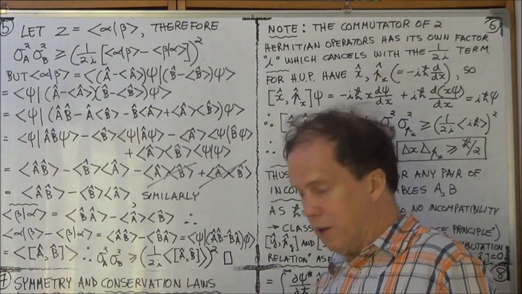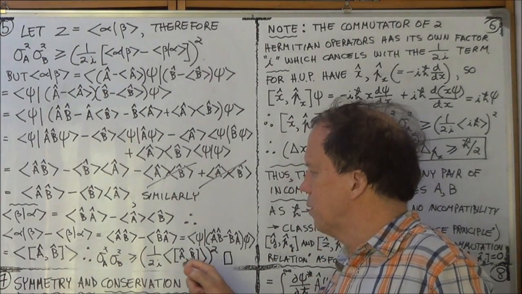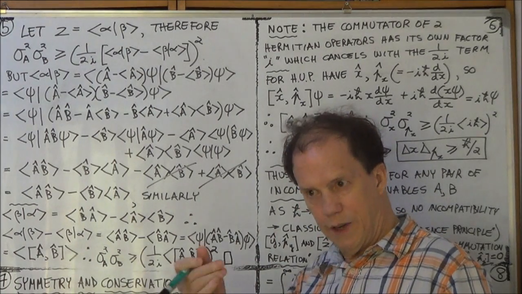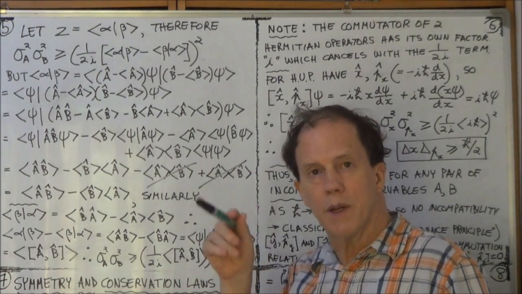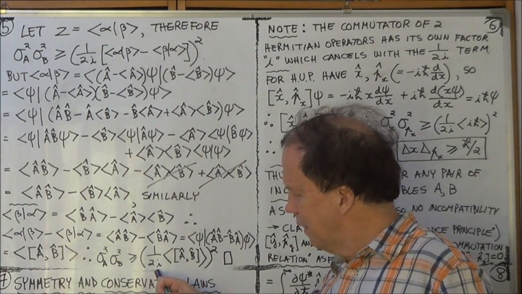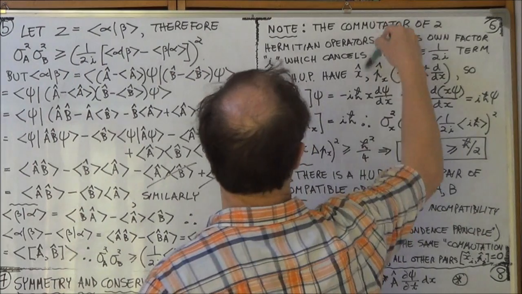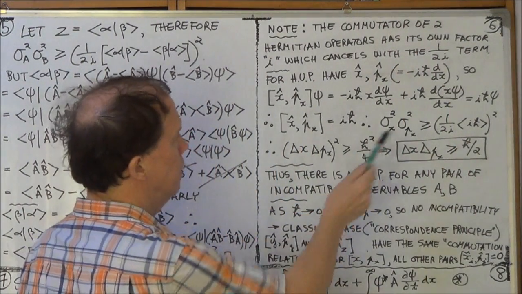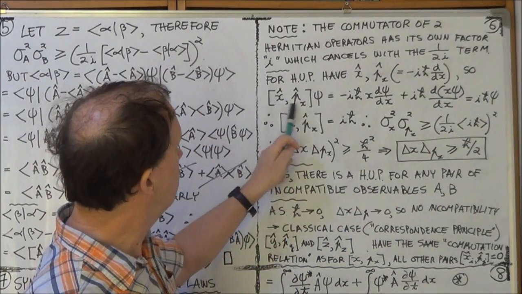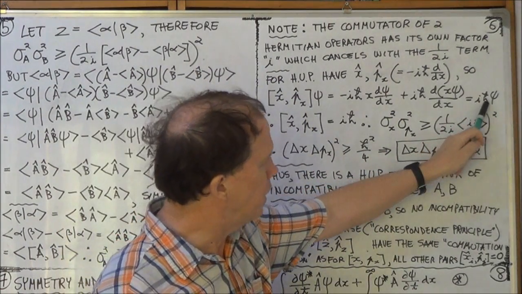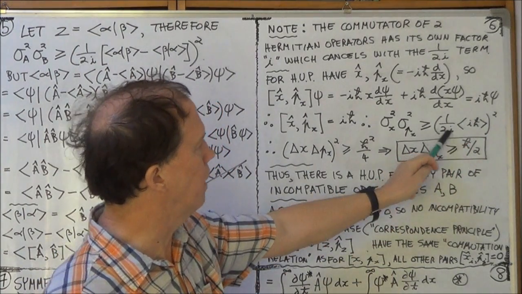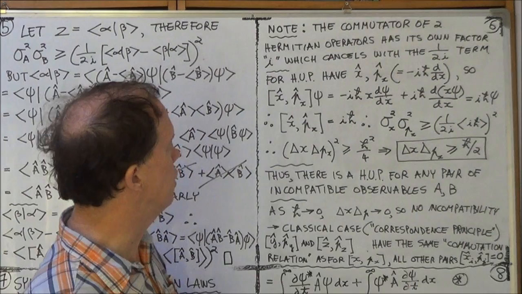So the bottom line was that the commutator between A hat and B hat gives you something with a factor i, the square root of minus 1, in it. And this i and that i cancel. And here's an actual example, because the commutator here is i h bar, and that i will cancel with the 2i from your general formula.